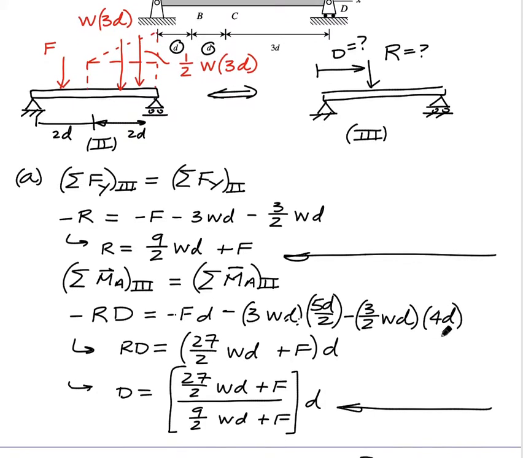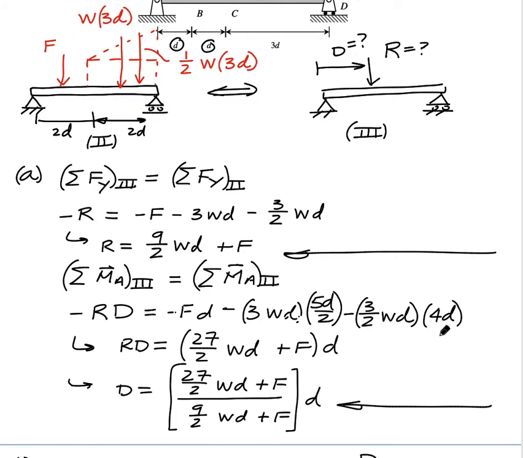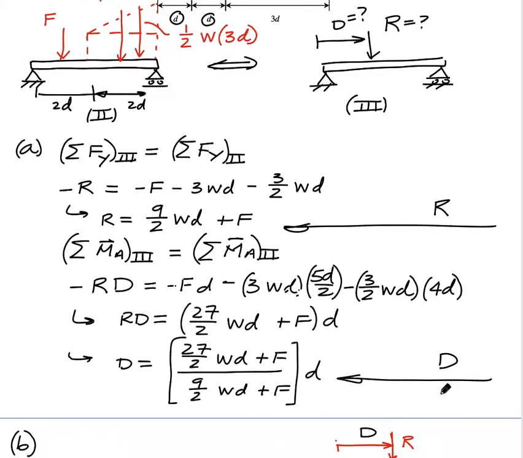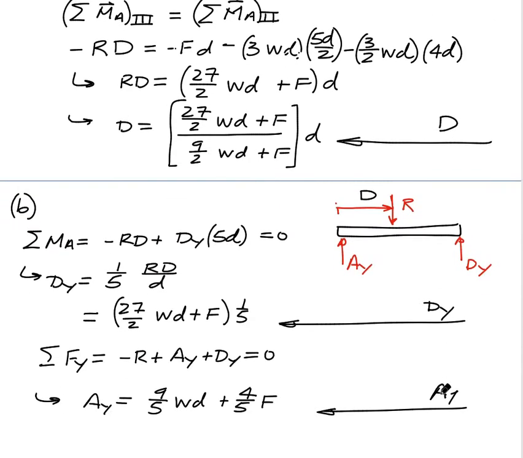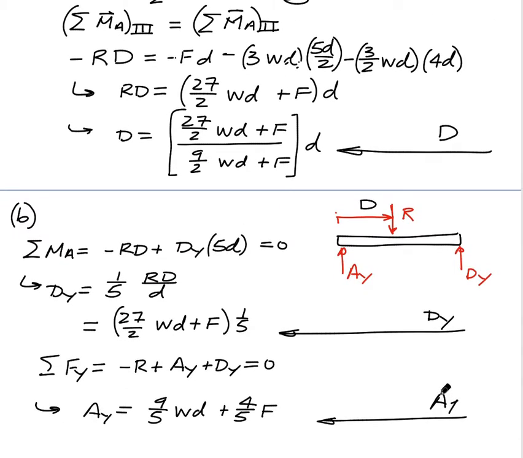And with that, we're able to find the resultant here of R. We'll find the location of that through the moment balance between systems 3 and 2. And then for equilibrium, we do our usual thing of drawing the overall free body diagram that includes all the reactions. And then from that, we calculate the reactions at A and D by using the equilibrium equations of moment about point A and the summation of forces in Y.